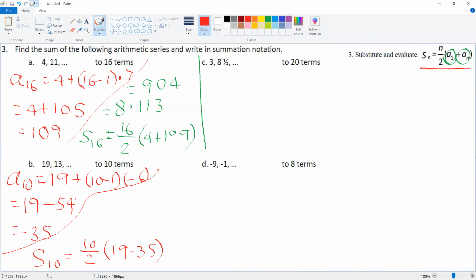You can substitute it as u1 plus n minus 1 times d, and then when you simplify it, the new summation equation becomes Sn equals n over 2 times 2u1 plus n minus 1 times d, and that way you don't need to find the term first.